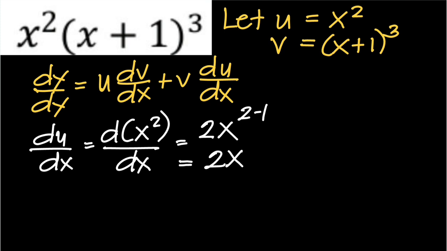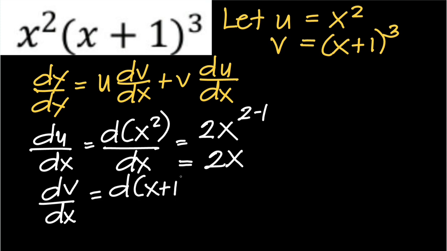And the next thing we do is we find the derivative of v. So v here is equal to x plus 1 cubed. We cannot just directly use the power rule here, so we use the chain rule in finding the derivative of v. So that would be the derivative of v with respect to x, which is equal to the derivative of x plus 1 cubed with respect to x.